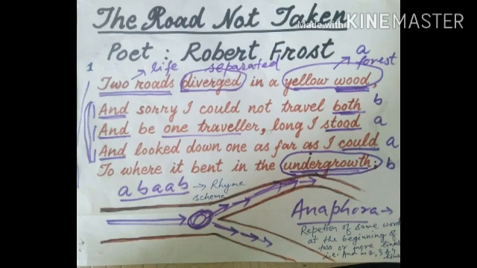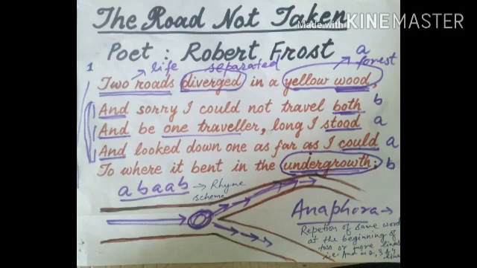So now let's go with the explanation of the stanza. Once the poet was walking down a road in a forest and this is at a point of diversion. There were two different paths before him and he had to choose one out of them because being one person he could travel on one road only and not both.